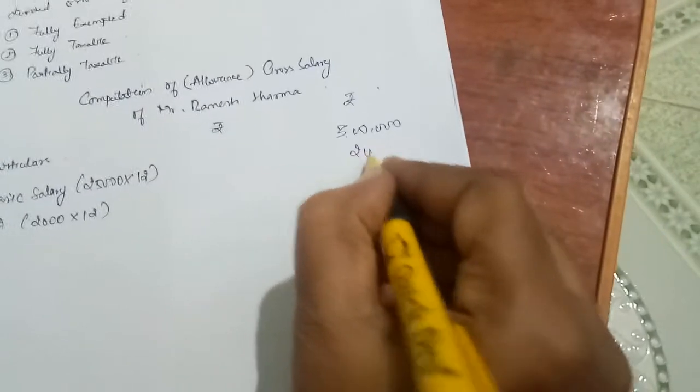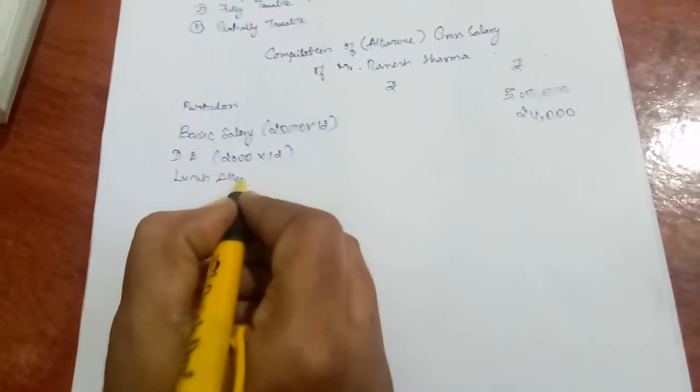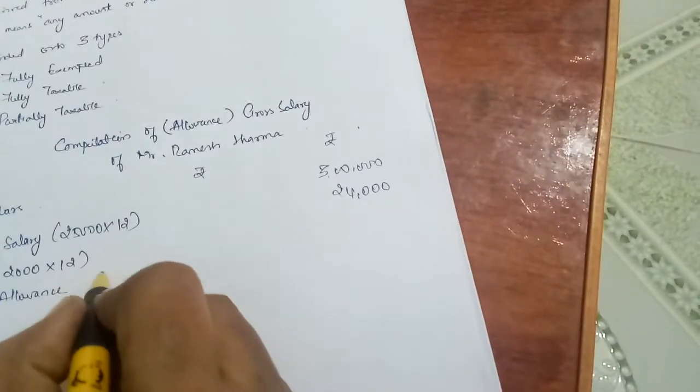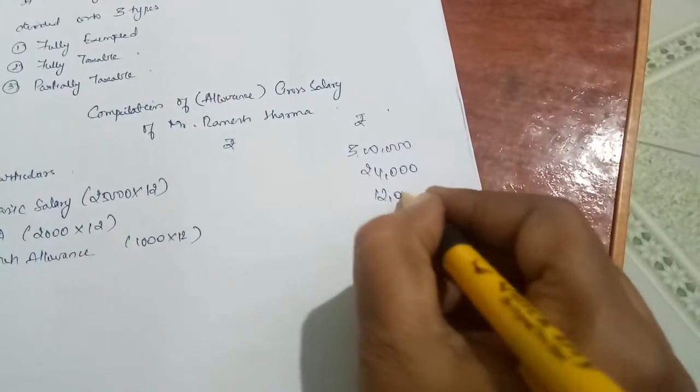So into 12, 24,000. Lunch allowance is fully taxable. So rupees 1,000 per month, 1,000 into 12, 12,000. It is fully taxable.